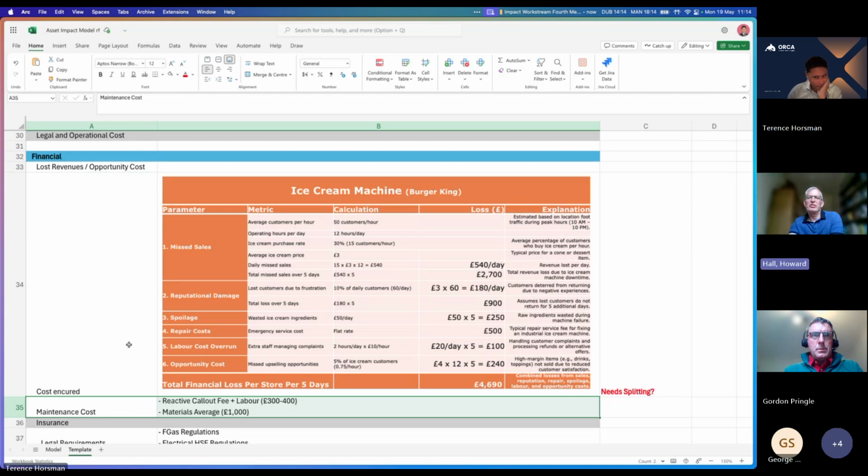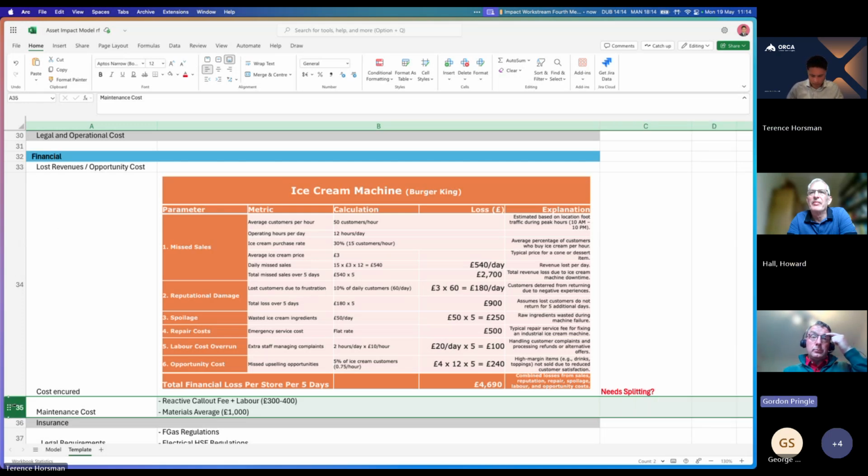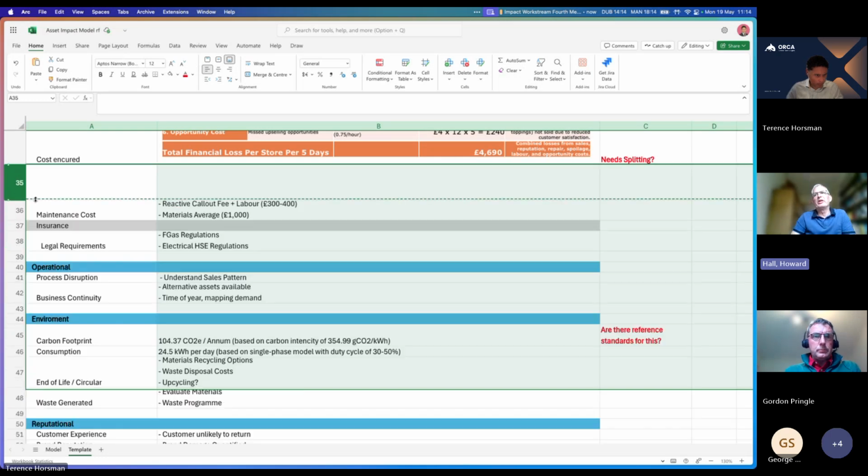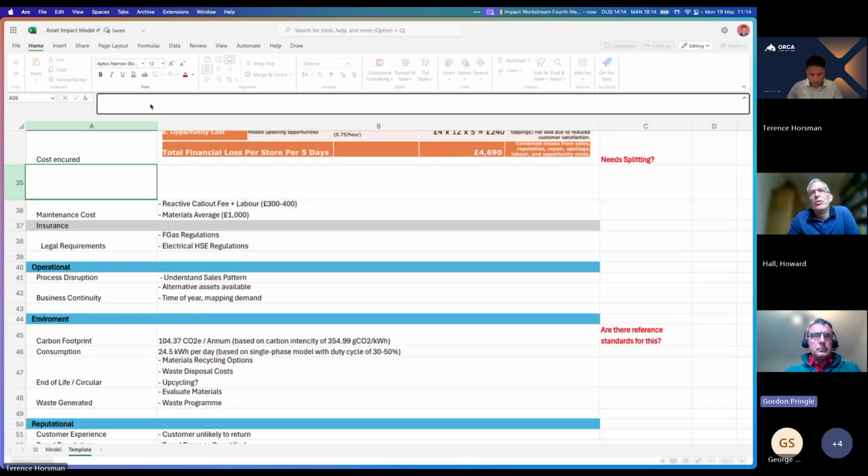If you're putting maintenance costs in there, then what about statutory or mandatory inspection? Shouldn't that be above this? Because that would be part of it. On the basis that if something is subject to statutory or mandatory inspection or maintenance, then that needs to be factored in.